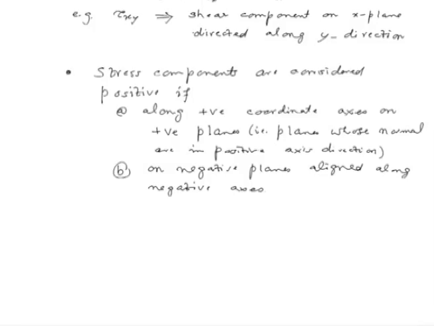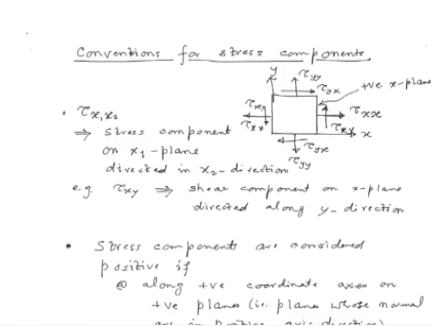So, if you look at the way we had drawn this tau yy on our y plane, this is the positive sense of the stress component, and it is drawn pointing in the negative y direction. The same holds for the shear component tau yx on this negative y plane, it will be considered positive if it is aligned in the negative x direction.